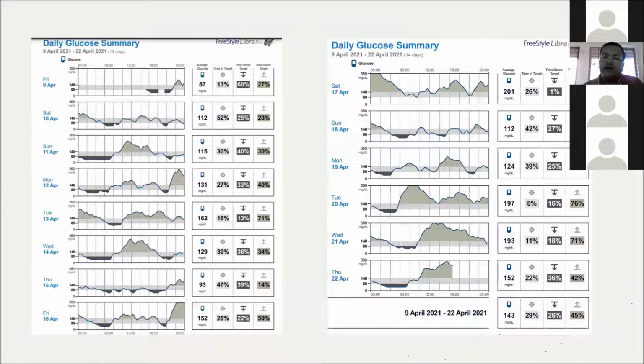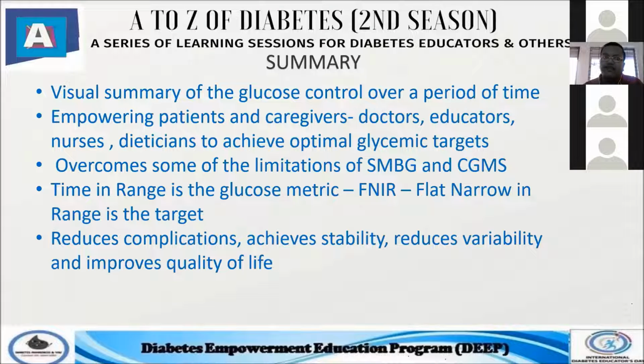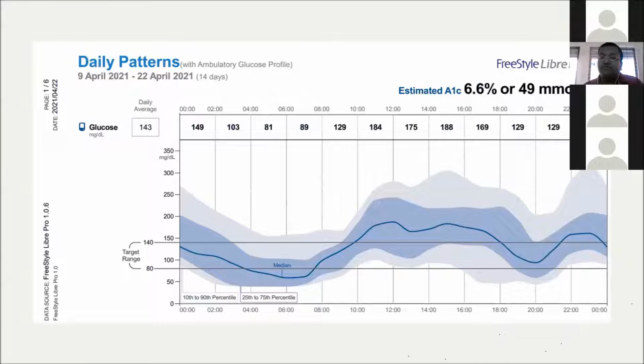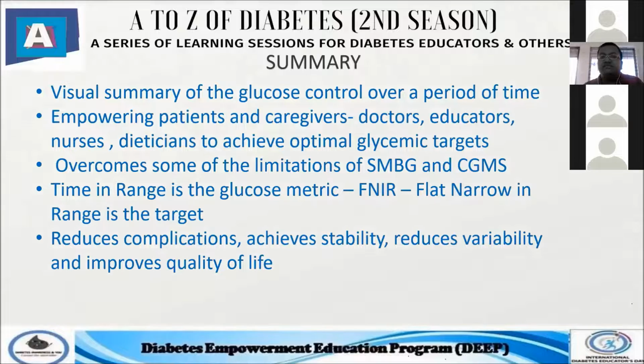So with this graph, one can make changes to the diet, lifestyle, drug regimens, the medications, especially insulin. Also the time a person gets up, goes to sleep, the time a person is anxious. All these factors can be counted in, and changes can be made to the treatment in the best way for the patient.